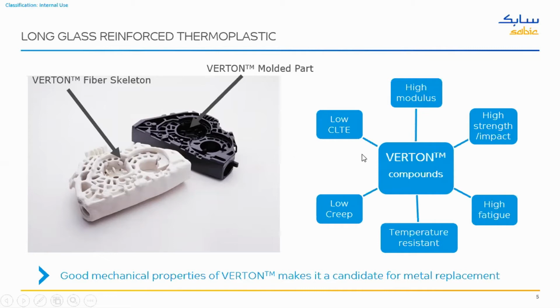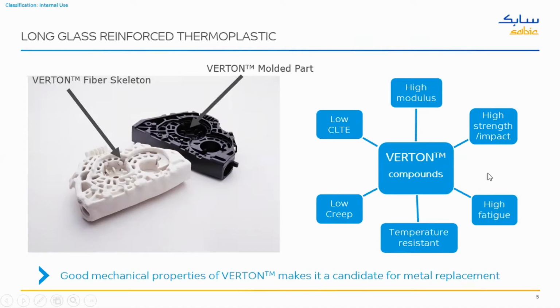Here we can see some of the other additional property enhancements with long glass fibers, mainly in long-term performance like creep or fatigue, where LGF gives a lot more advantages, and also temperature resistance.